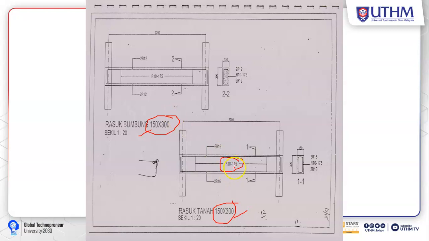This is how the contractor will arrange all the stirrups in between this area, from here to here. The spacing is 175 mm. So how many stirrups are needed for this construction? You always need to calculate.